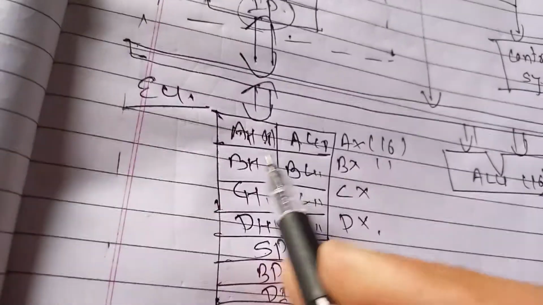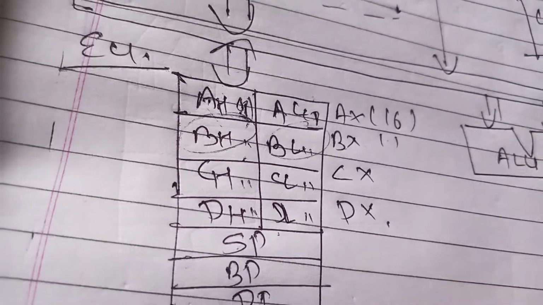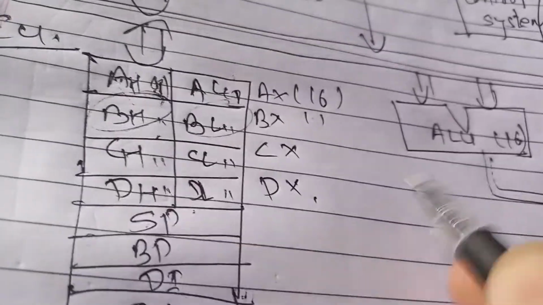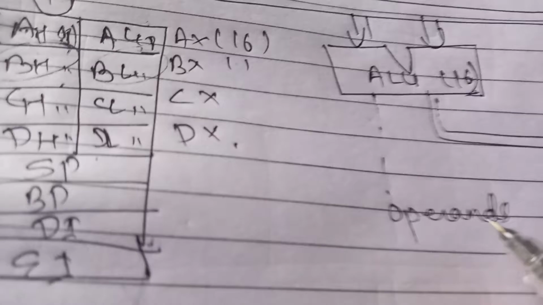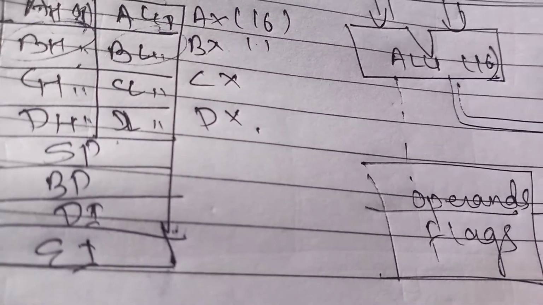The programmer will input a certain value over BH and BL or CH and CL as you wish, and this value will be moved towards the ALU in order to perform operations according to your design. The result will be sent to the data bus, and from here data will go to operands or flags.